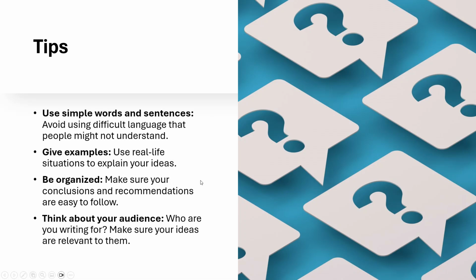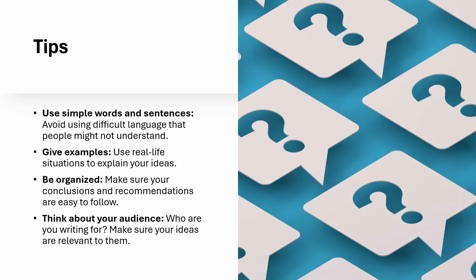So I would say when you're writing your conclusions and recommendations, avoid difficult, complex language. Keep it simple. Simple words, simple sentences that are appropriate to your audience. Think about who you're writing for. Make sure your ideas are relevant to them. And give examples.